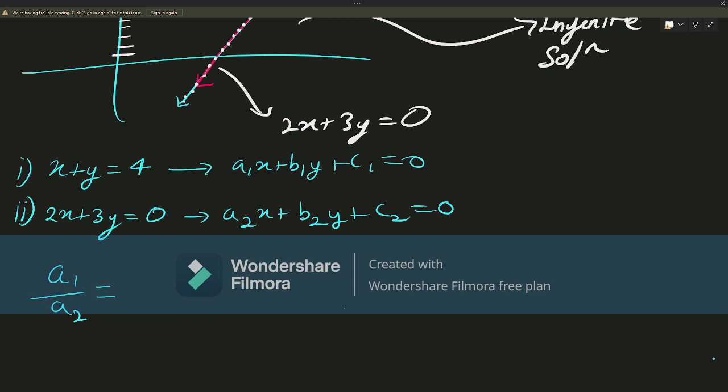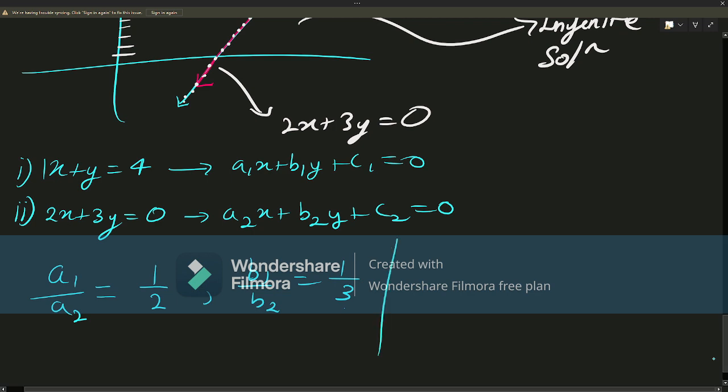That is going to be the coefficient of x, 1, and the coefficient of x in the second equation is 2. So 1 upon 2. Now B1 upon B2, that's 1 upon 3.